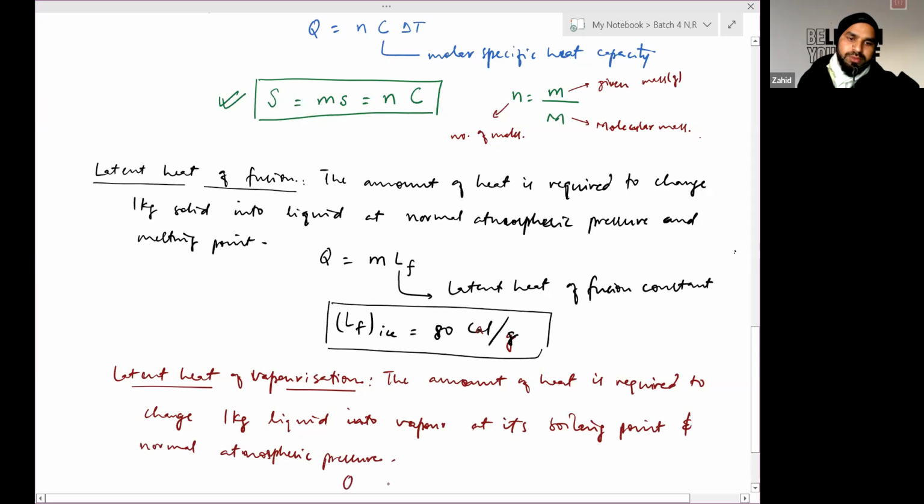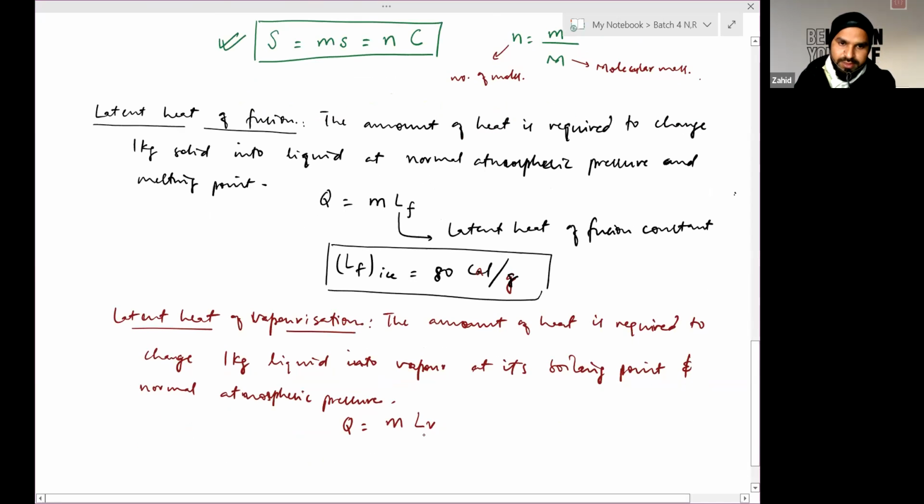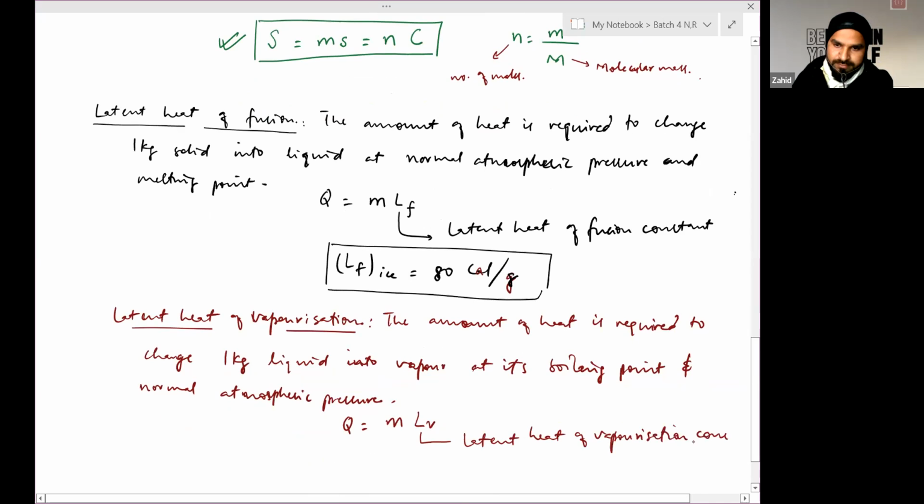So Q equals mass of substance times latent heat of vaporization. This LV is called the latent heat of vaporization constant, and for water to convert into vapor, it equals 540 calorie per gram.